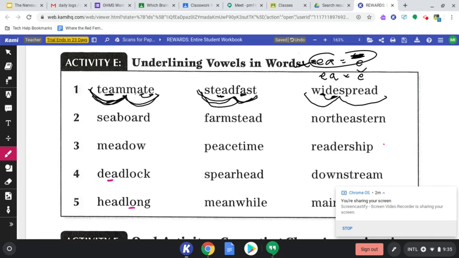That E is going to make the I say its name. Wide spread. Huh, I haven't heard of that before. So let's try the short E. Widespread.